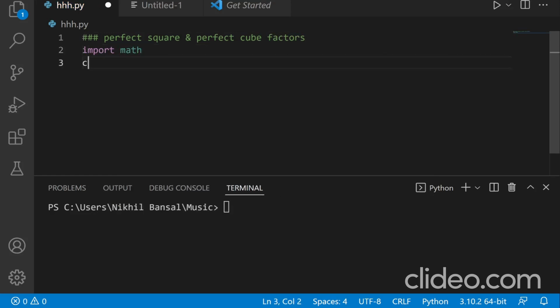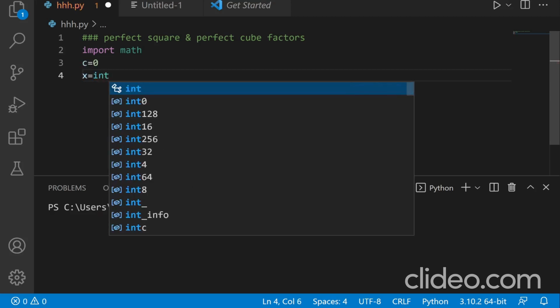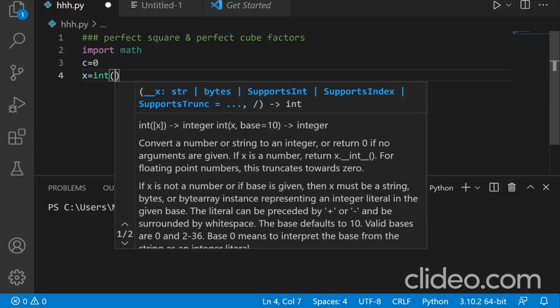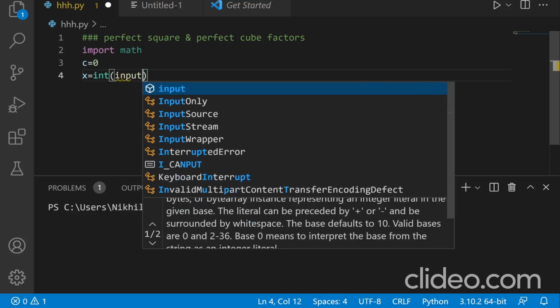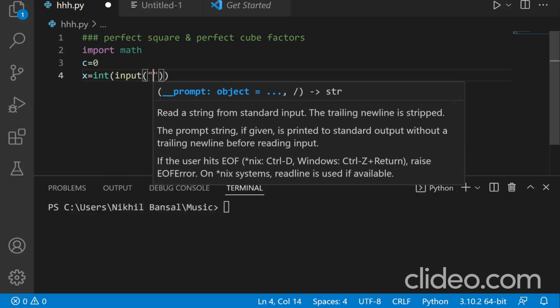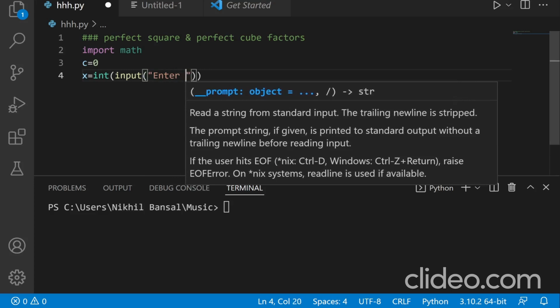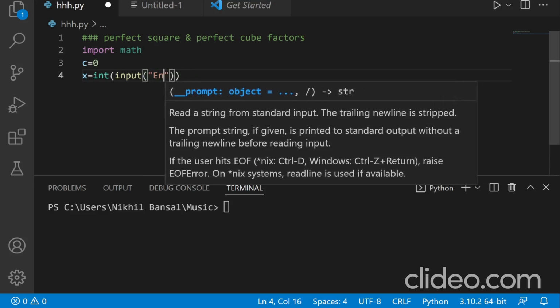Next, I need to set the counter, which will have the count of all the perfect square factors. Next, I will take the input from the user. So let's take it as x equals int. I need an integer because for integer numbers only I can have factors or perfect square factors. Input. Let's write something over here: enter the number.